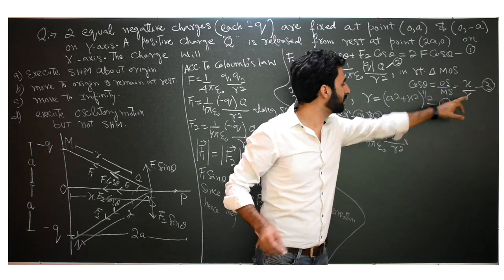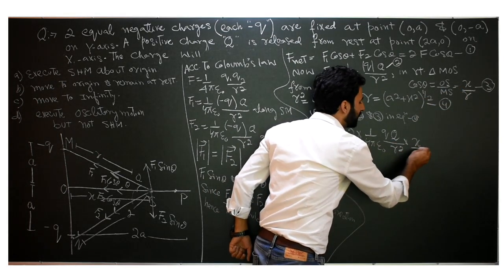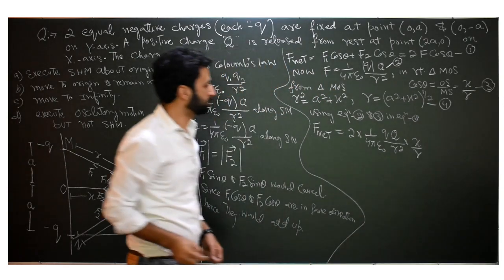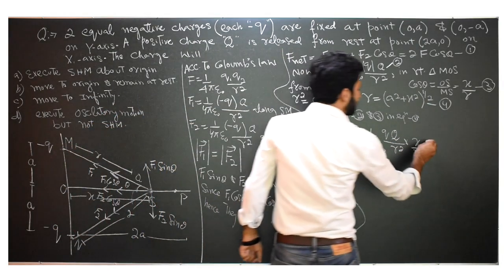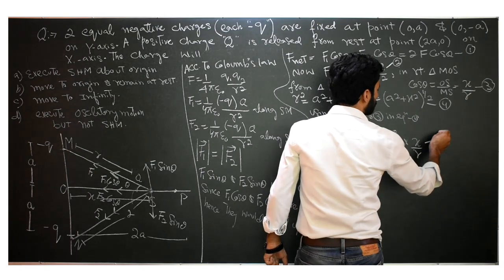Cos of theta is x by r. Let's call this equation 5.